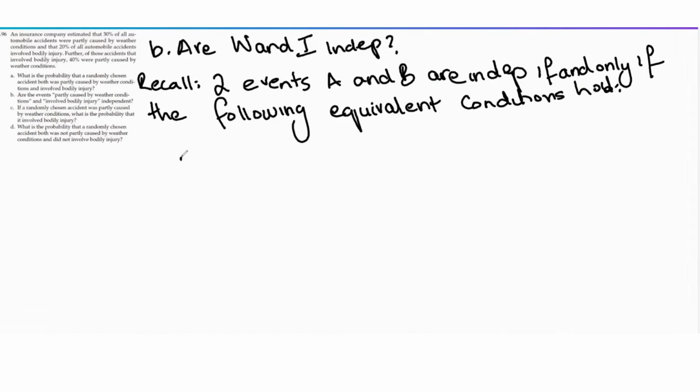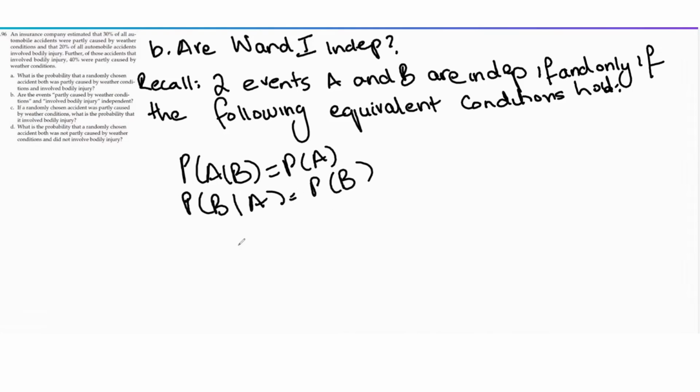What are the conditions? Probability of A given B is equal to probability of A, so conditional probability is the same as unconditional probability. Probability of B given A is probability of B, and the probability of the intersection, probability of A and B, is probability of A times probability of B. The comma means and, or intersection. So if I'm finding the probability of A and B, it's simply the product of the individual probabilities.